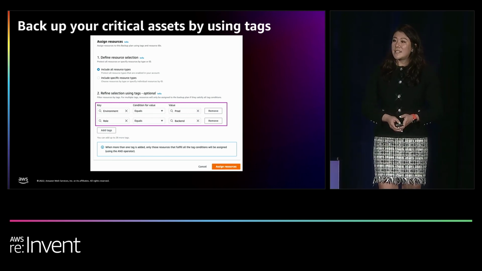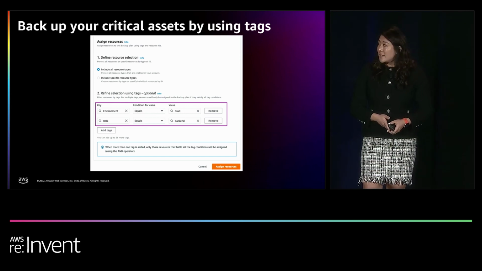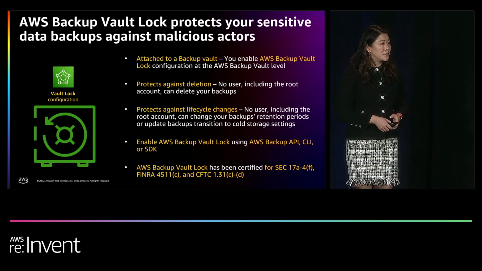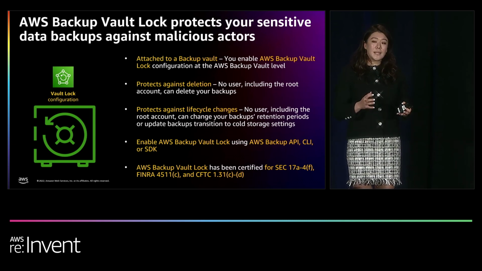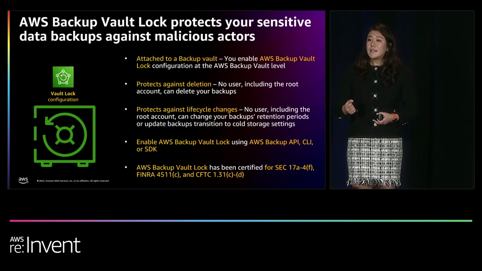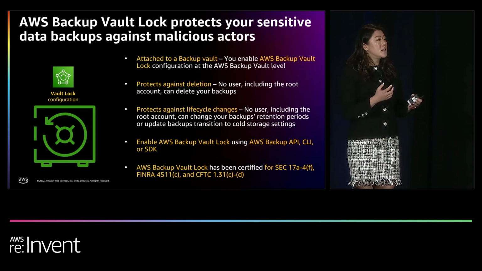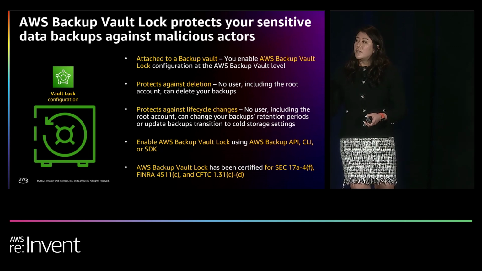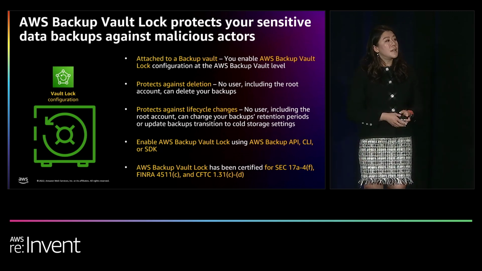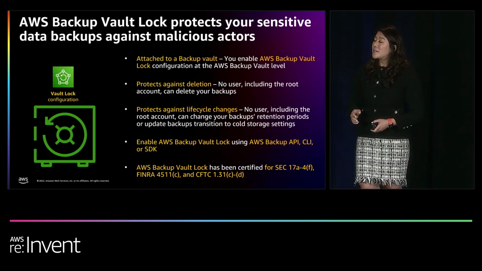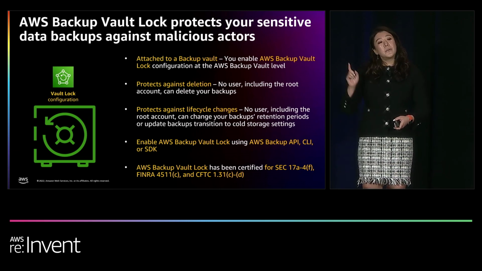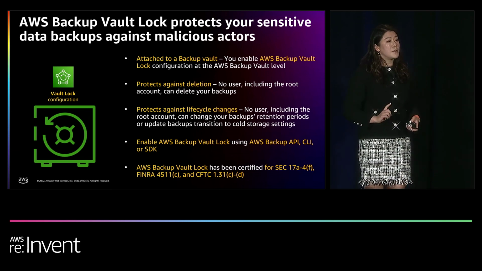With this, as well as the Vault Lock feature that I just described, Vault Lock can be enabled at the vault level. So what is a vault? A vault at its core is a logical container that contains the secondary copies of your critical workloads. And why this is important is, as I mentioned, Vault Lock was just certified to be CFTC, FINRA, and SEC 17A compliant, which means that no one, not even those with administrator privileges, can go into your vault, delete or mutate your backups.